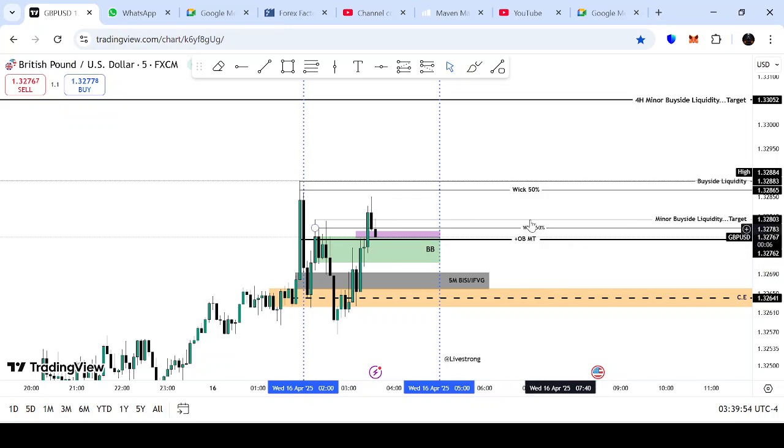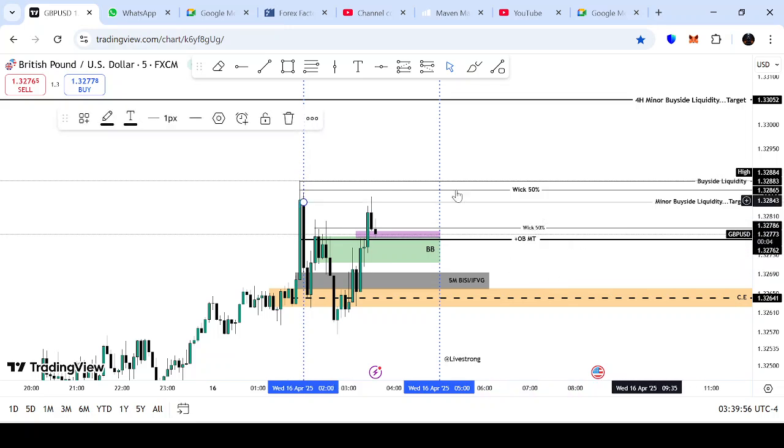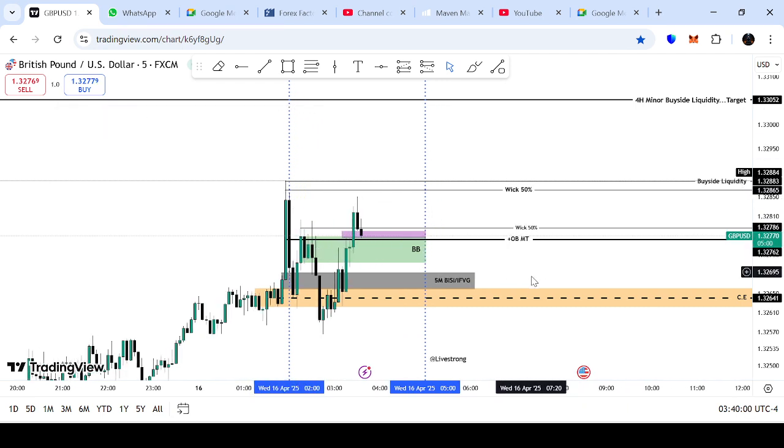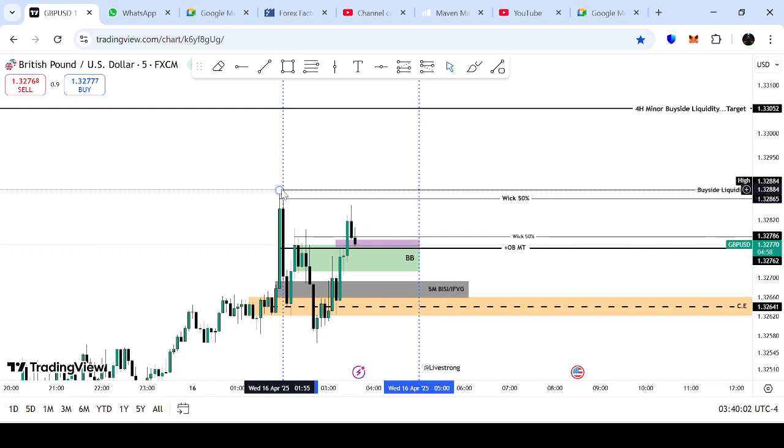I'm taking the buy side, so you can remove the buy side sweep there. I want another buy side raid above.